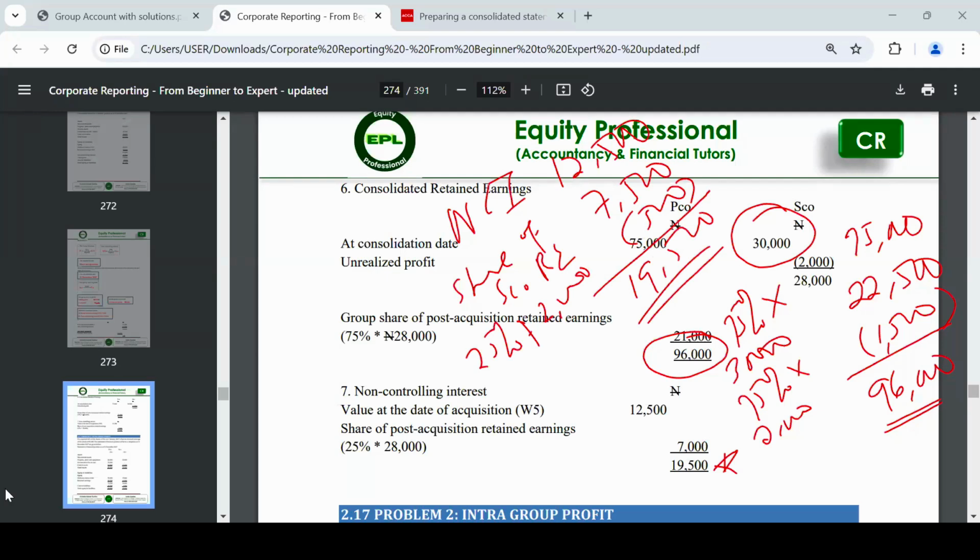However, I have told you there's no point doing all of that if it is an amount that affects consolidated retained earnings, and it's supposed to affect both PICO and NCI. Just do that deduction at once under ESCO. You won't need to be doing too much calculation that way.